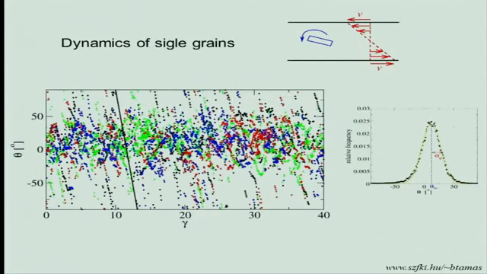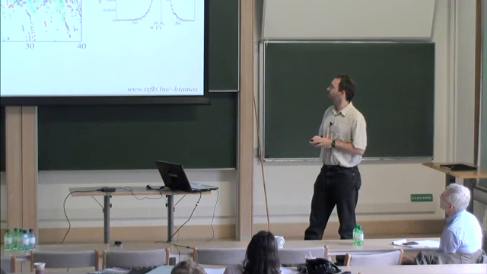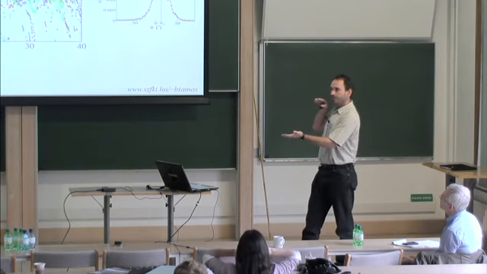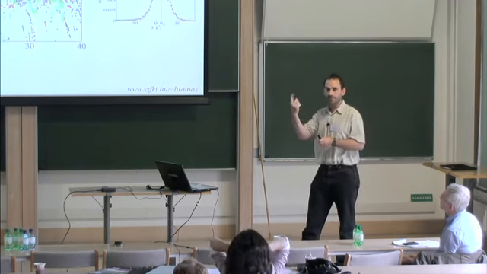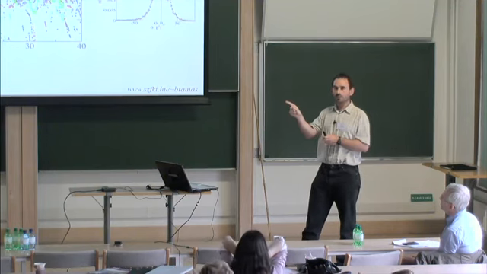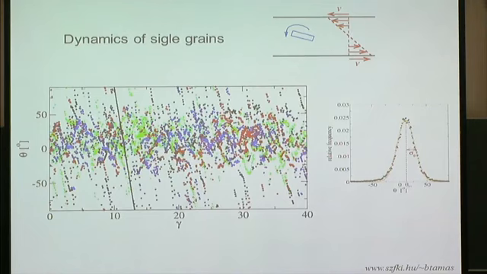So far I have talked about the average orientation of the particles in the stationary state. Now if you look at a single particle, you find that in a shear flow, this single particle will rotate. And the rotation speed is not constant. It is slower when the particle is near the preferential alignment, and it's faster when it's perpendicular to it. So you see here the temporal evolution of the angles of many particles, and you notice that most of the time the particles are in this preferential range of minus 25 to 50 degrees.